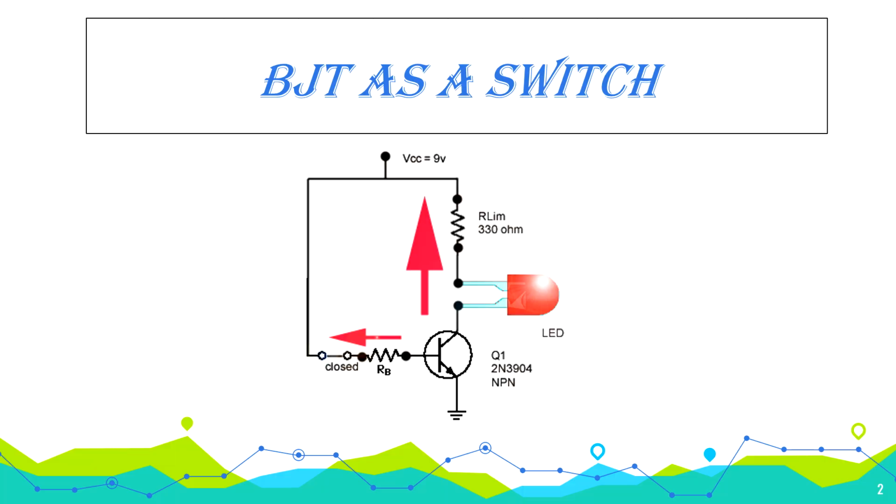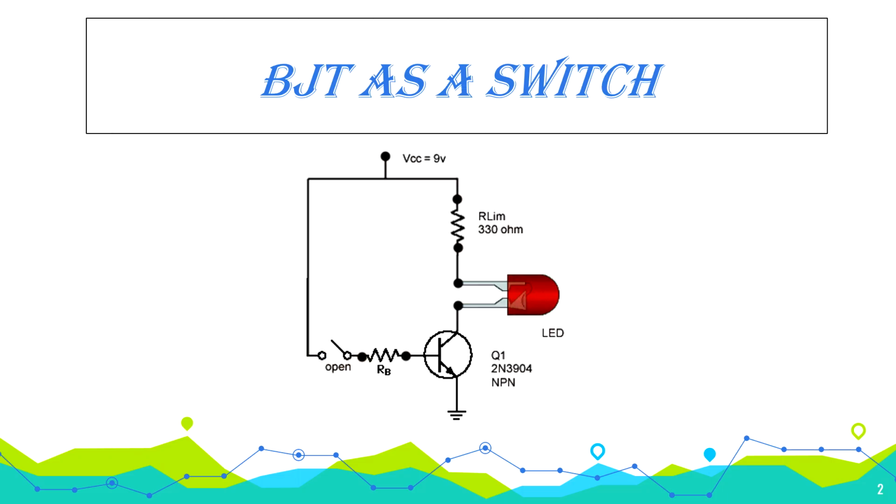When using it as a switch, BJT should be in two regions. That is, first completely on, the saturation region, and second completely off, the cutoff region. To be more precise, BJT should be in saturation region for a switch to be on and in cutoff region for a switch to be off.